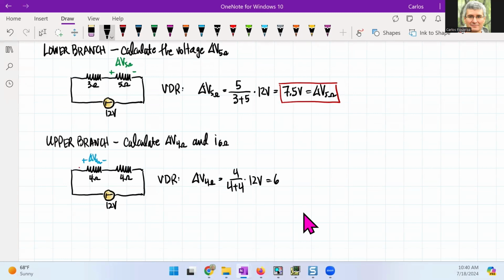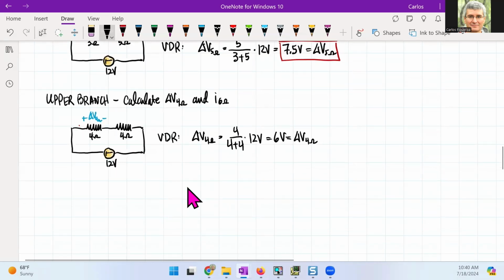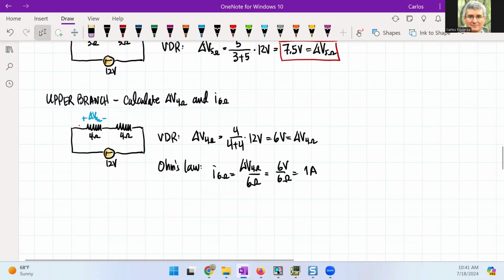And this will give me 6 volts for V 4 ohm. But now, if I use Ohm's law, I now can calculate the current I 6 ohms, which would then be 6 over 6, which gives me 1 amp for that current.